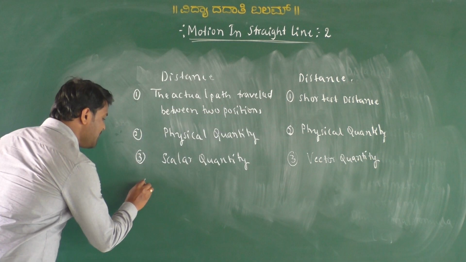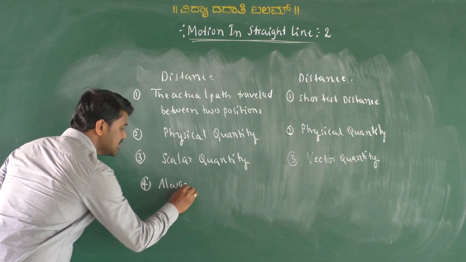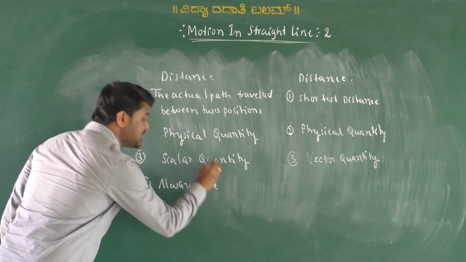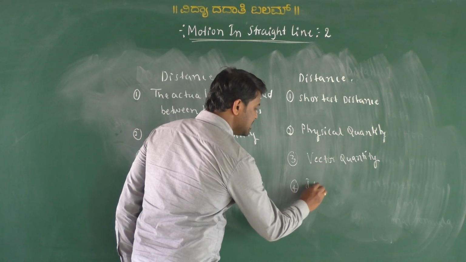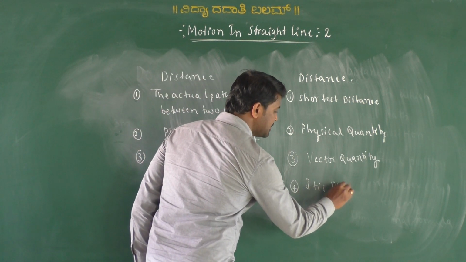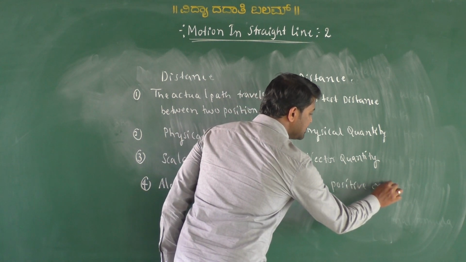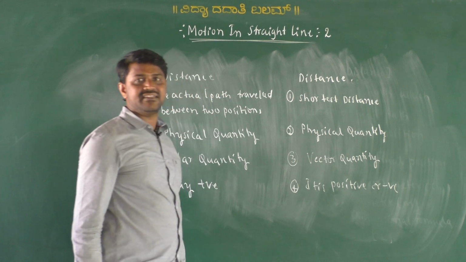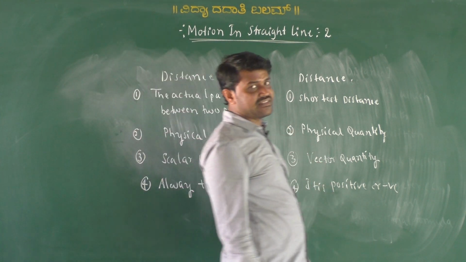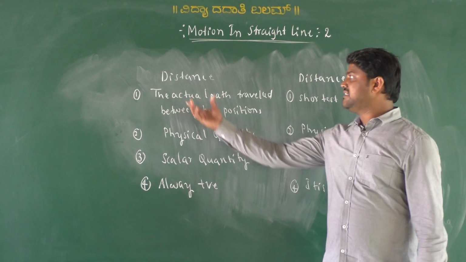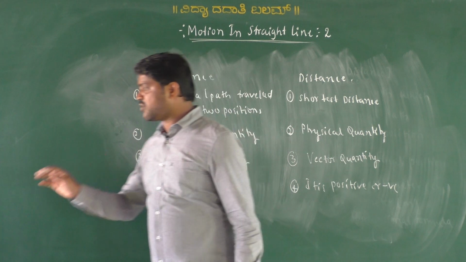So it is always positive in nature. But here it is positive or negative or zero. So therefore, with the help of these differences, we calculate the distance as well as the displacement.